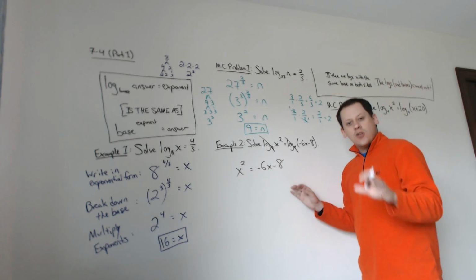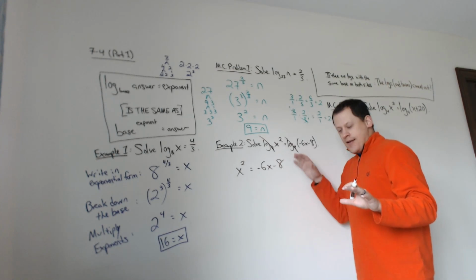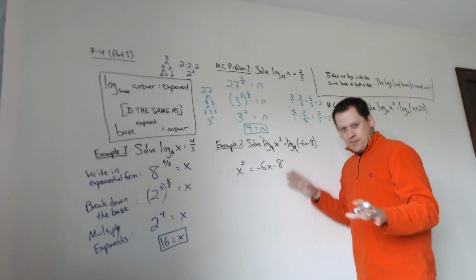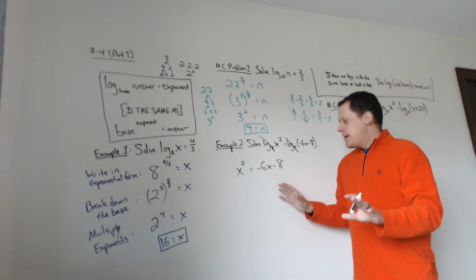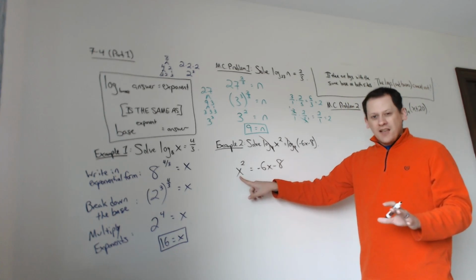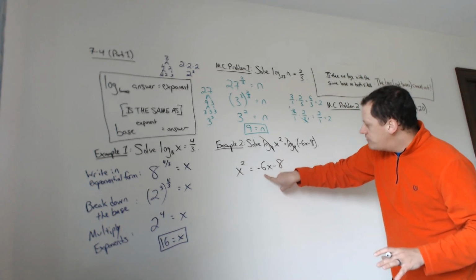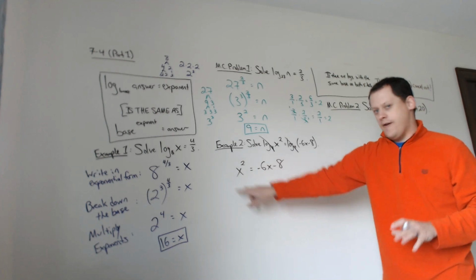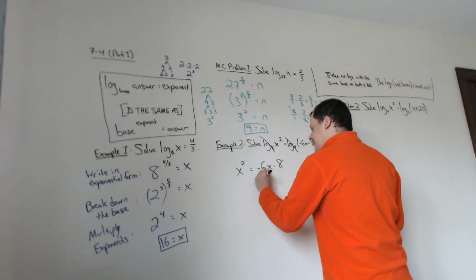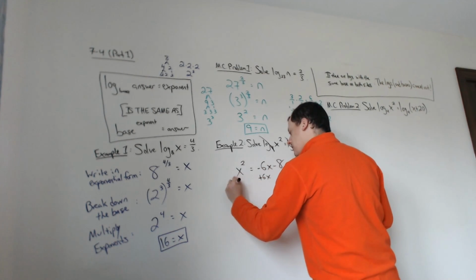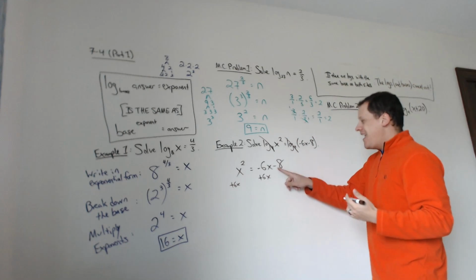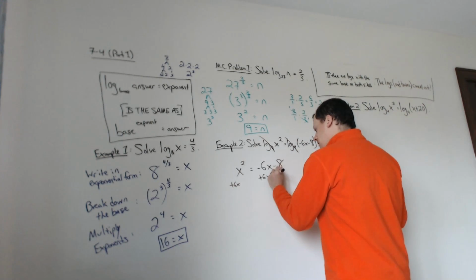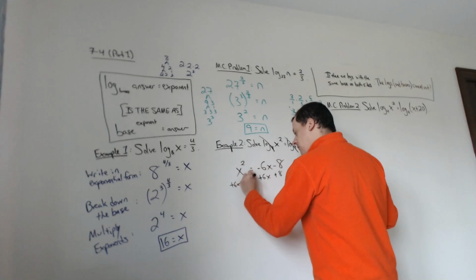So in order to solve a quadratic equation, usually you want to get everything on the same side of the equal sign. And we want to keep this x squared positive, so let's move this stuff over here. So we're going to be adding 6x to both sides. And I'm going to go ahead and add 8 to both sides on the same step.